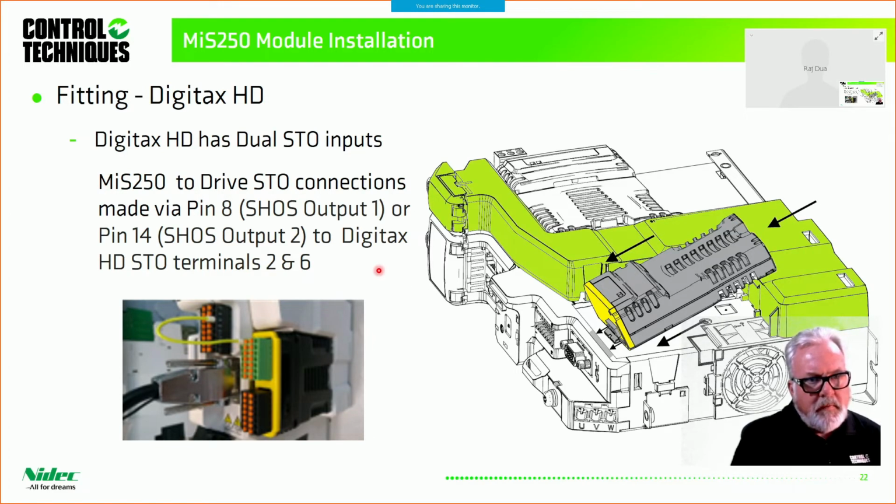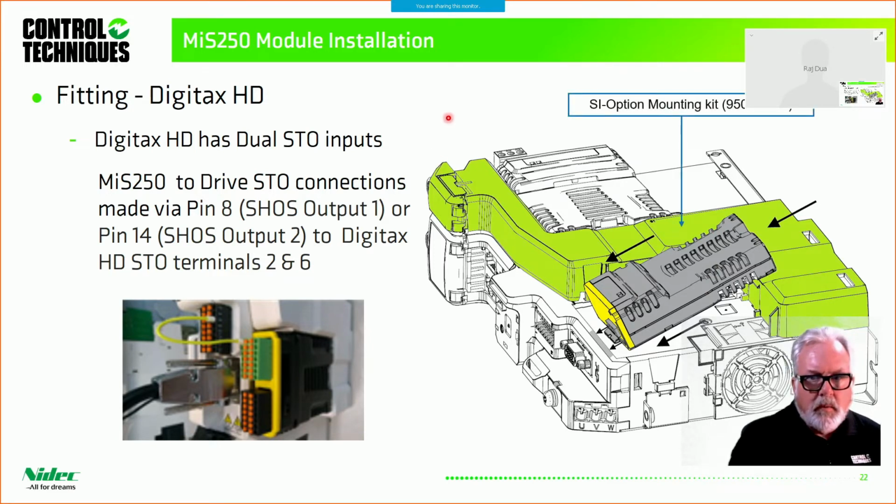Now an MIS 250 in the Digitax HD is completely different. First, you'll need this expansion module kit for your Digitax HD, because you need to be able to mount a module, and without this green kit here, you won't be able to do that. With this module, there's the part number for the mounting kit right there.